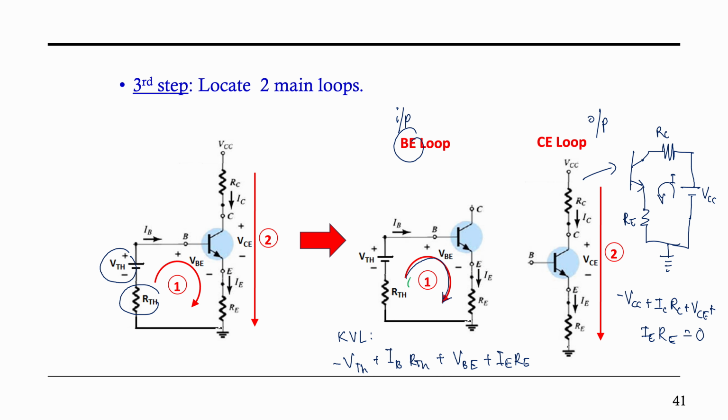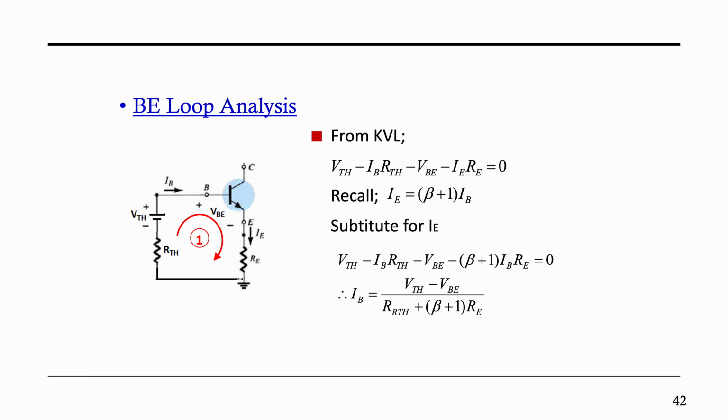Next, we can proceed with the calculation. So these are the equations of just now, the KVL that I showed to you. Once you got your KVL correct, then you can determine your IB. This is same as the emitter stabilized junction.